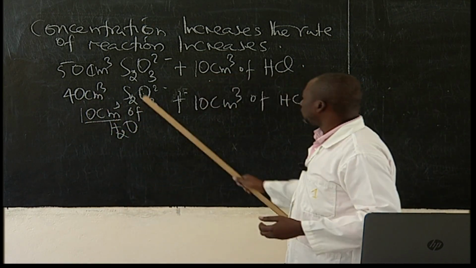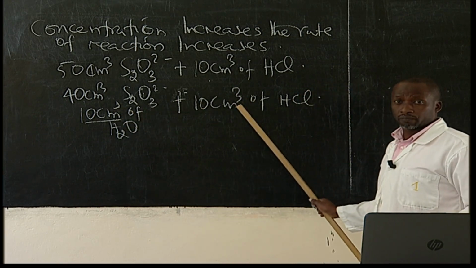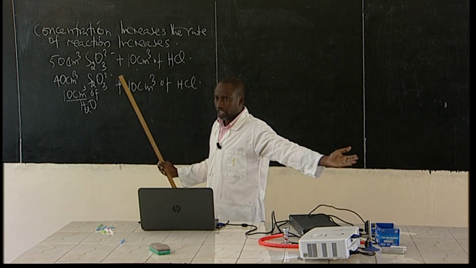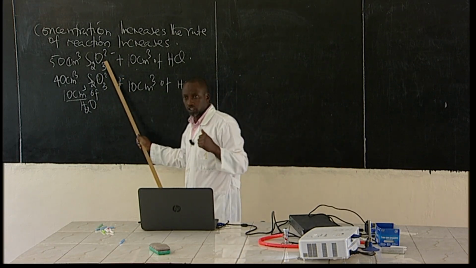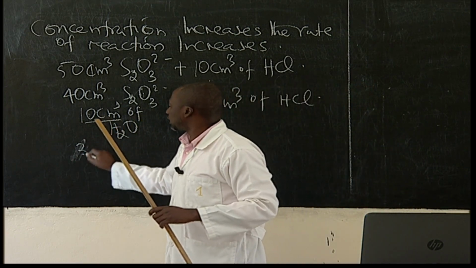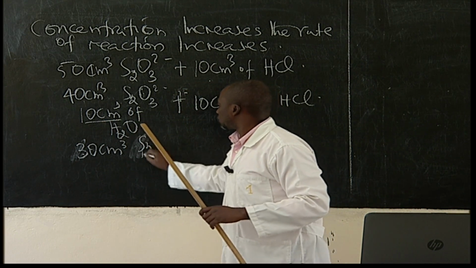So this is a dilute solution, and as expected, this reaction took a longer time compared to the first one. In the next experiment, you are supposed to measure 30 cubic centimeters of sodium thiosulfate.